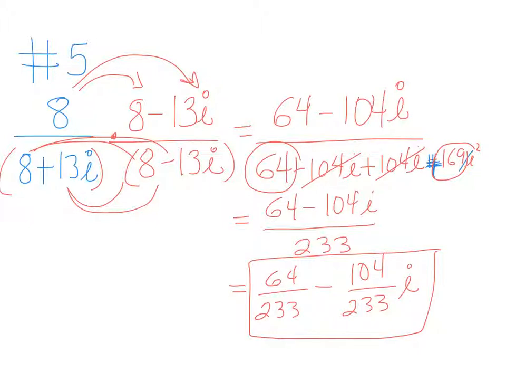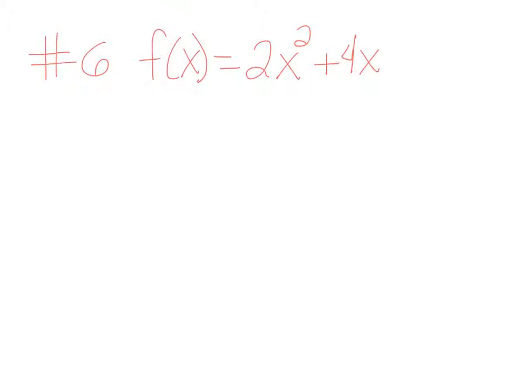So that's when you multiply by the conjugate. Number 6. It's asking you, in the function f of x equals 2x squared plus 4x plus 7, to determine if it has a maximum or a minimum.